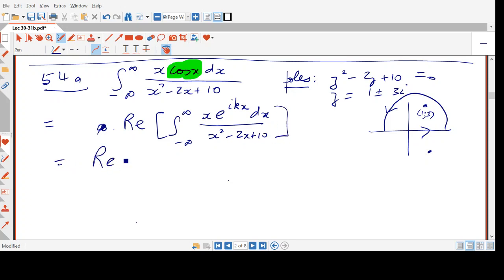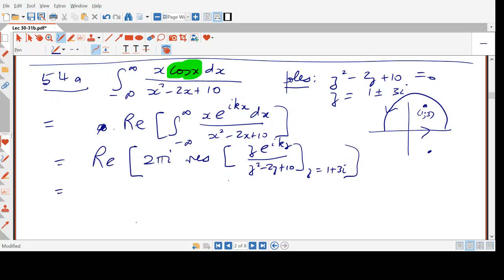Now we can hit this with the residue theorem, and we can get 2 pi I residue of z e to the I kz over z squared minus 2z plus 10, and we will be then plugging in z equals 1 plus 3i.